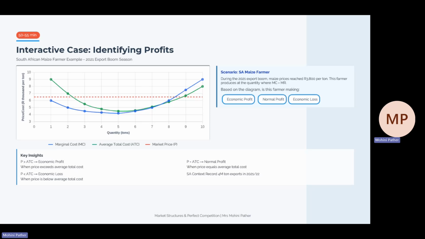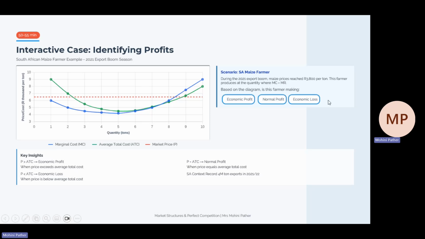But at the quantity 0.6, we are now producing at a point where we are actually increasing costs disproportionately. So here we can continue to produce at this level all the way up until the point where price starts to fall below your average total cost, because at that point you start dipping into economic loss territory.